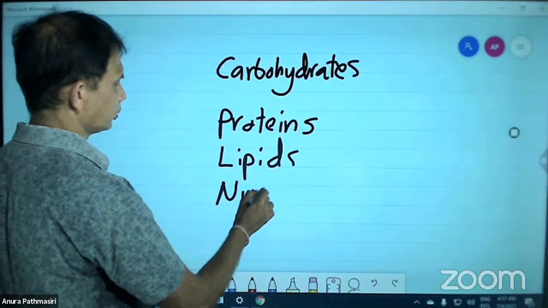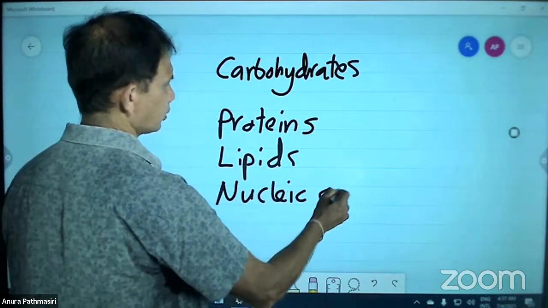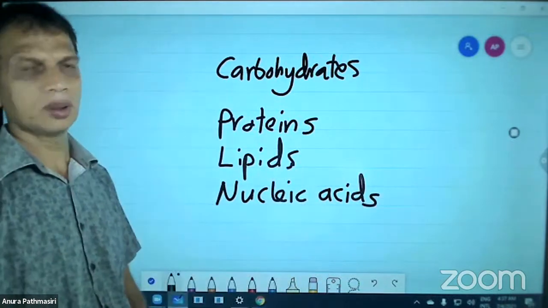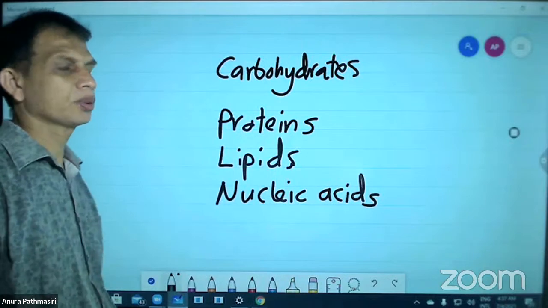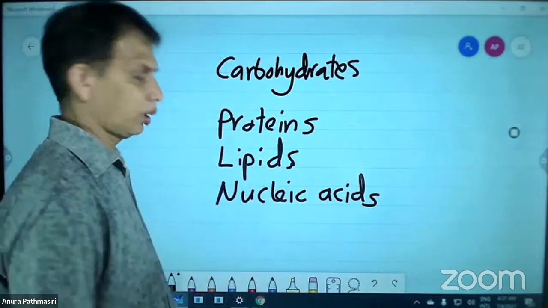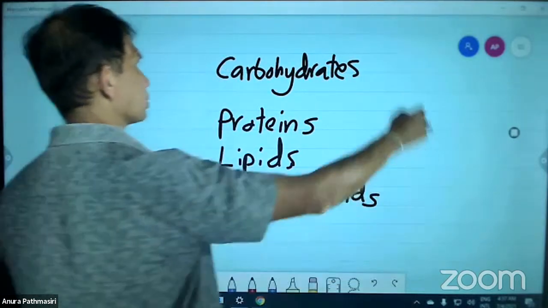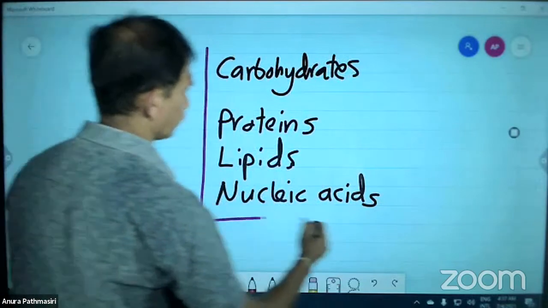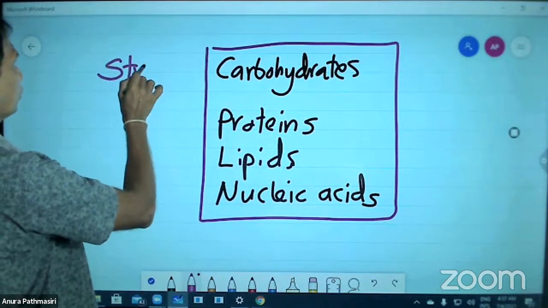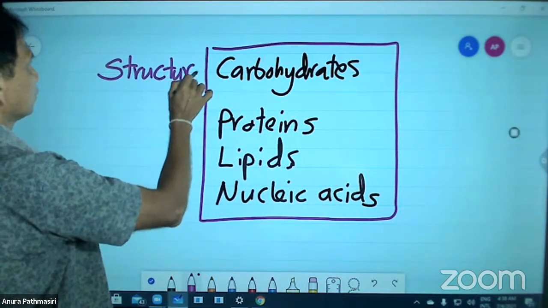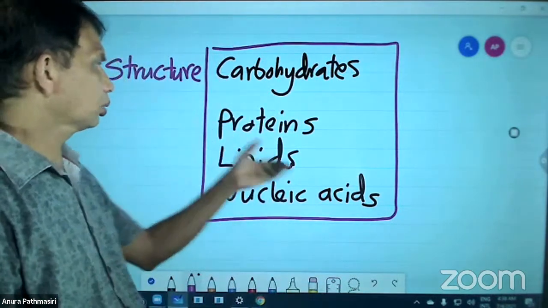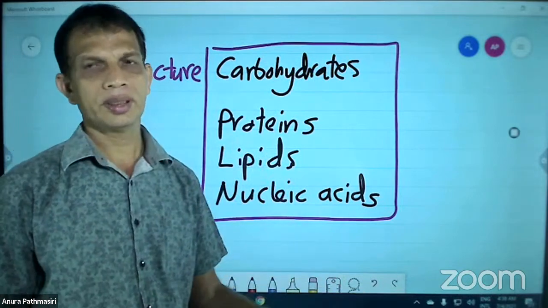When you study about carbohydrates, proteins, lipids, and nucleic acids, what will you have to study? One, you want to know the structure. You should know the structure of carbohydrates, the structure of proteins, the structure of lipids, the structure of nucleic acids.